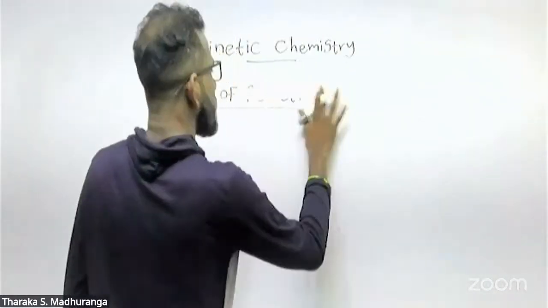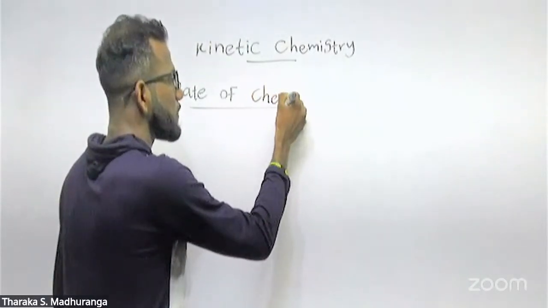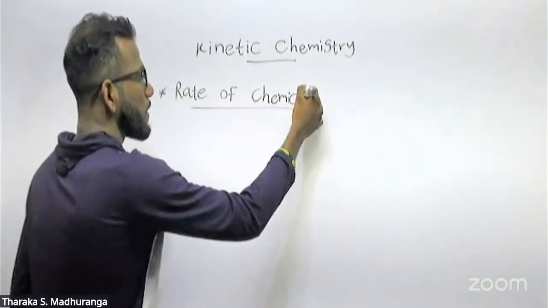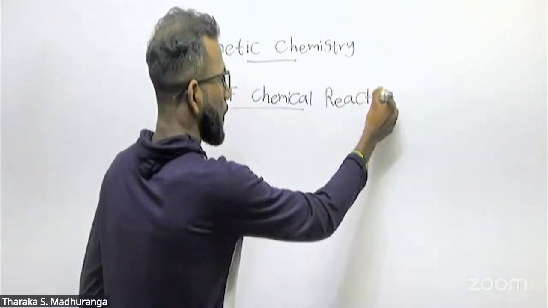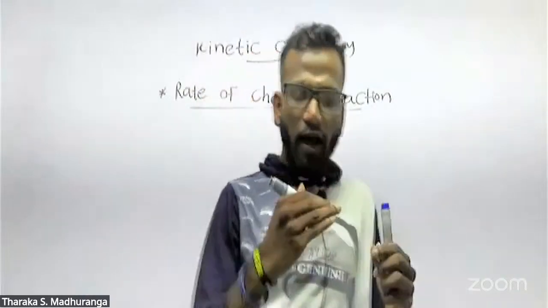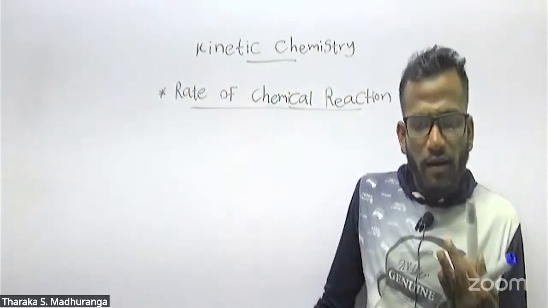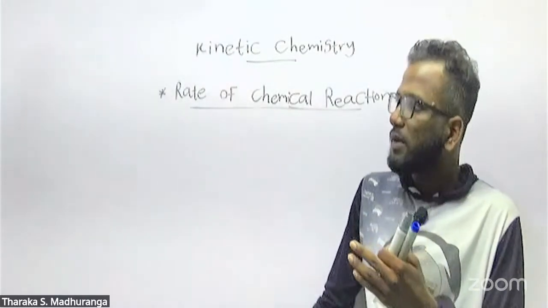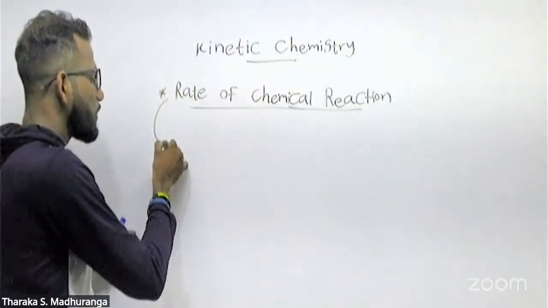One by one we will discuss the rate of chemical reaction. That is our ultimate target of this lesson. Our main target is to calculate the rate of chemical reaction.